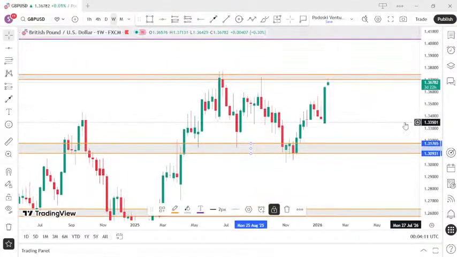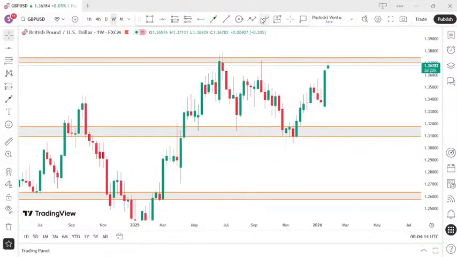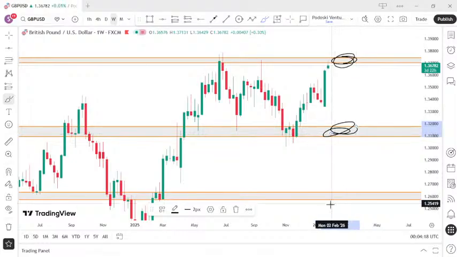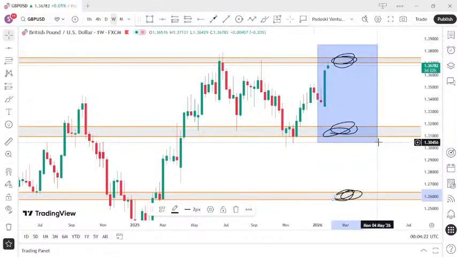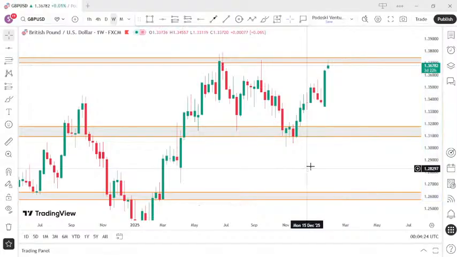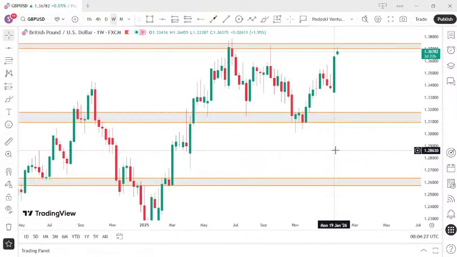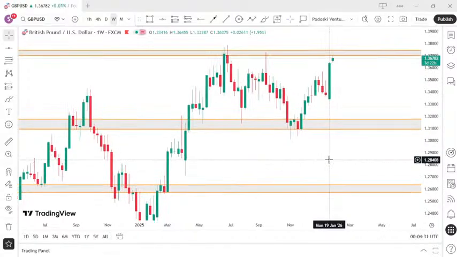So, on the weekly time frame, I have my weekly upper zone here, midway zone here, and my weekly lower zone here. So on the weekly time frame, like we saw on the monthly, price is moving to the upside. So you are still going to be looking for buying opportunity.